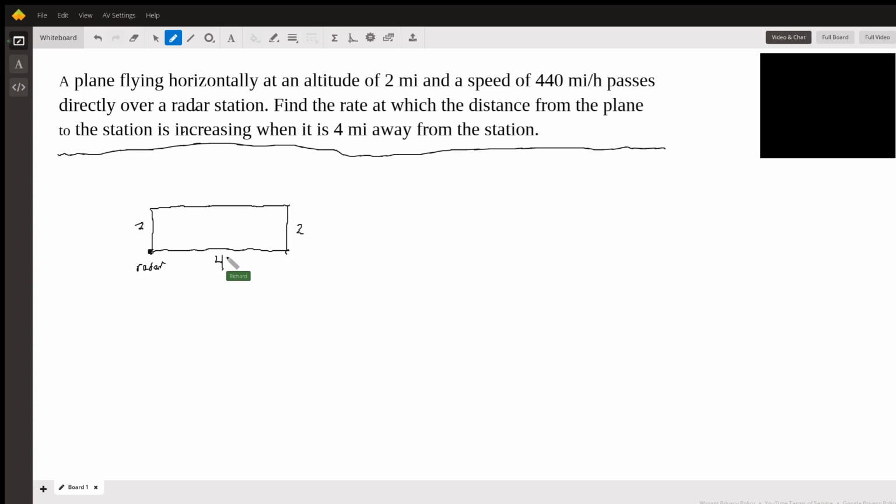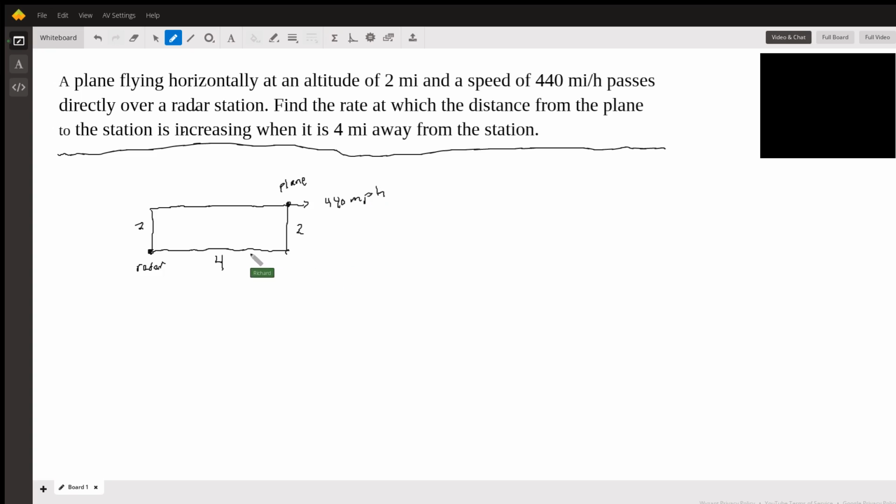Just look at this for a minute. So 4 miles, and here's the plane. Okay, and it's going to continue out in that direction at the rate of 440 miles per hour.